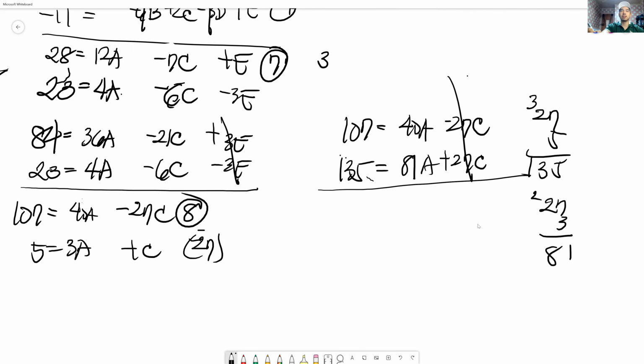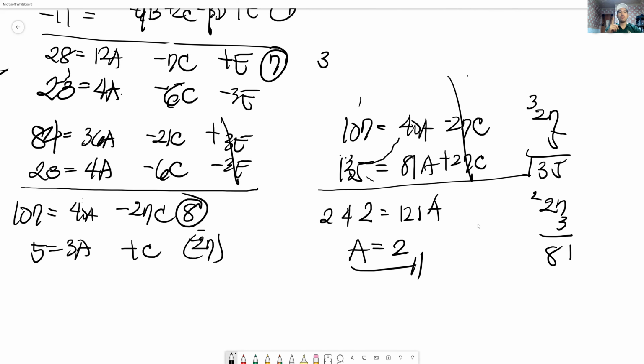Combining these two, this cancels out. 107 plus 135, so we have 242 is equal to 121A, so that our A is equal to 2. And that is our first coefficient.